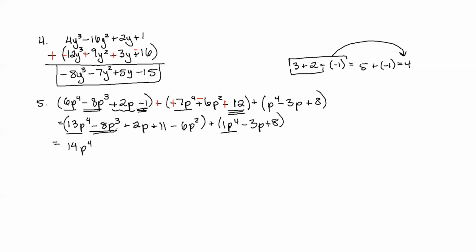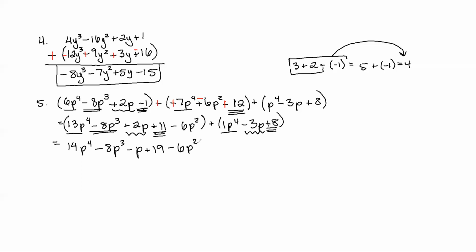Negative 8p cubed, we don't have another of those, so I'll just bring that one down. 2p minus 3p is negative 1p. 11 plus 8 is 19. And don't forget the one that we didn't add, so negative 6p squared.